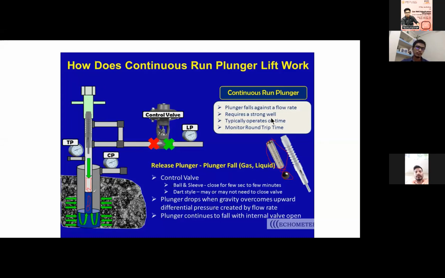As it seals the flow path, some pressure will act below it, and through the clearance between the plunger and the tubing, some liquid and some gas will also accumulate above. And then when you have enough pressure to lift this plunger as well as this liquid, your plunger will reach the surface.